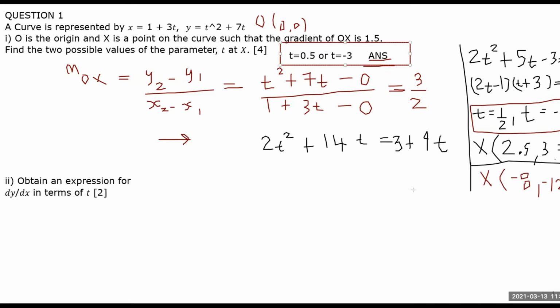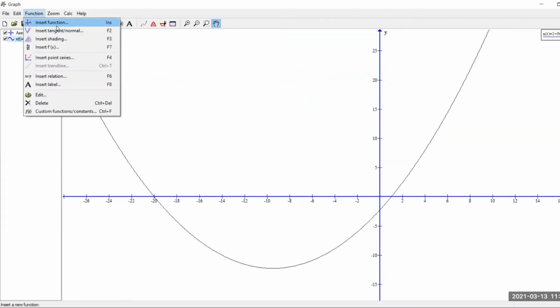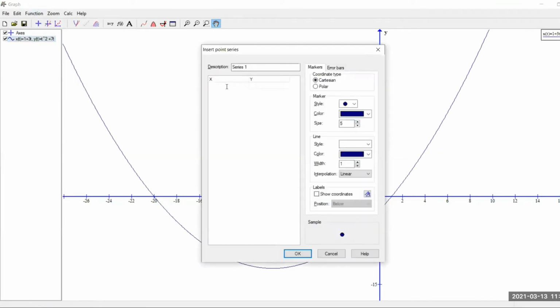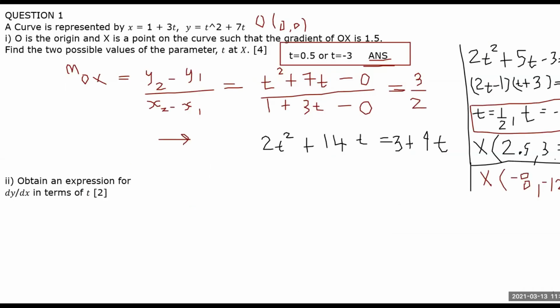All right, so let's verify it. Going back to the graph, I want to show that if I plot the points, let's insert points. I'm going to insert the point 0, 0, and one possible x coordinate we said was, let's look back at it, 2.5, 3.75.